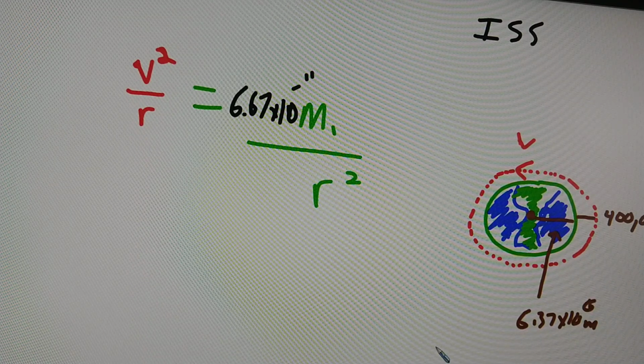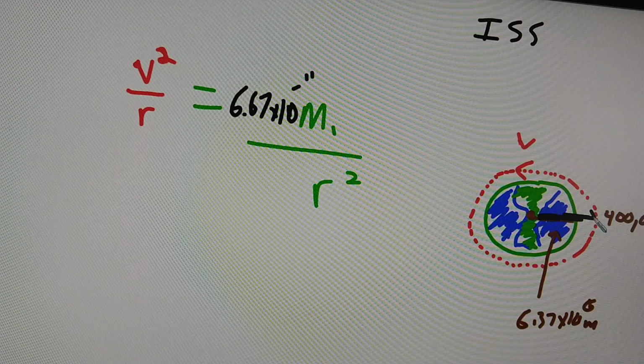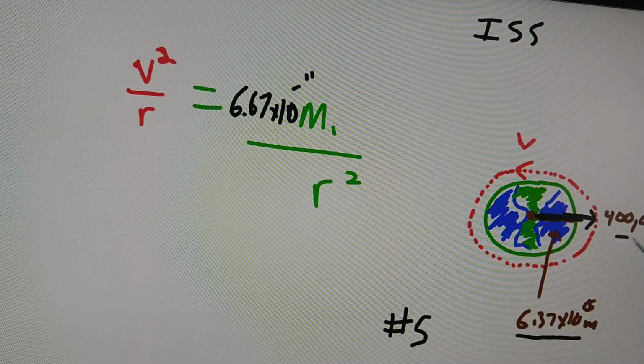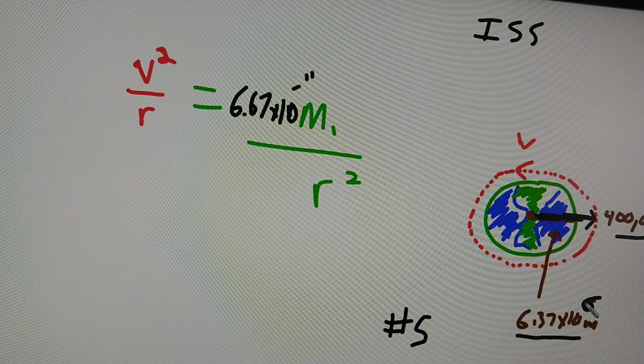So what I want you to do is add both of these numbers and tell me the actual radius of orbit for the satellite. So our next problem, number 5, what is the total radius if you add these two numbers, 400,000 plus 6.37 times 10 to the 6th?